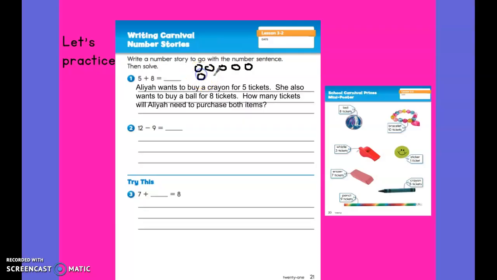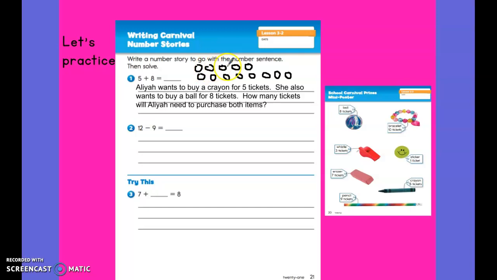So 1, 2, 3, 4, 5, 6, 7, 8. So now if I was to count them, there's 5, 6, 7, 8, 9, 10, 11, 12, 13. So you would need 13 tickets.